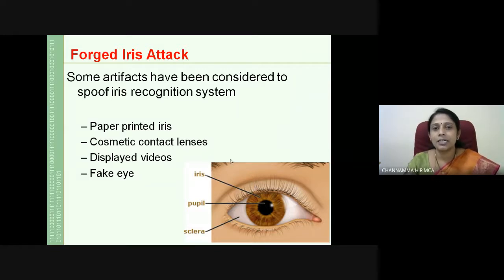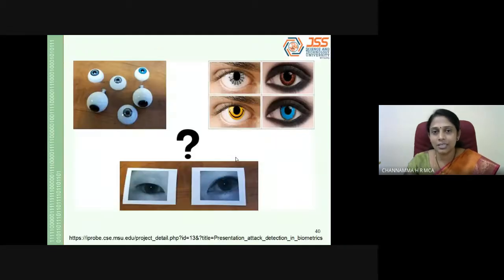Iris can also be spoofed by using paper-printed iris, cosmetic contact lenses, displayed videos, and fake eyes. So they prepare a fake eye, and this is the contact lens, and this is a photograph taken.